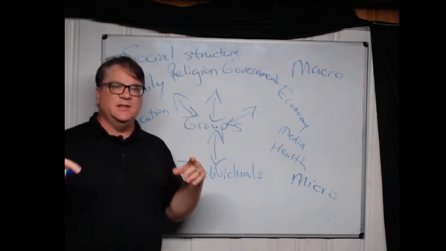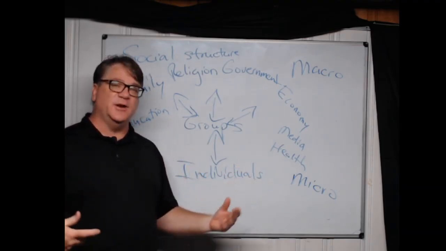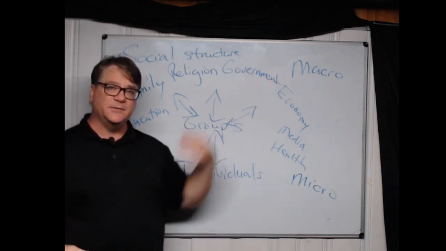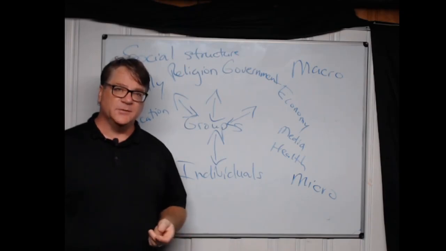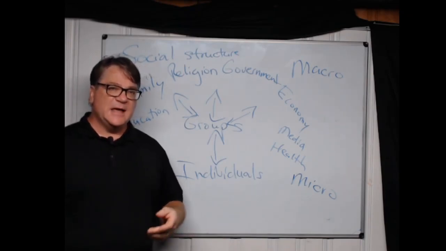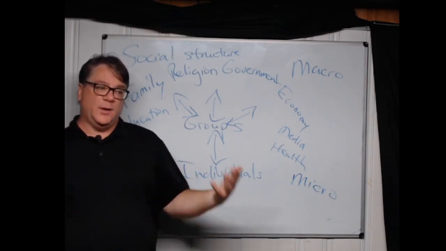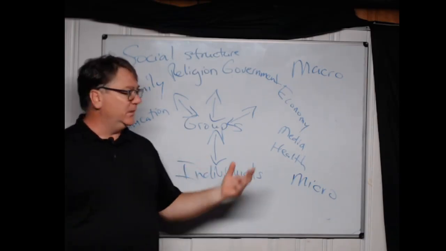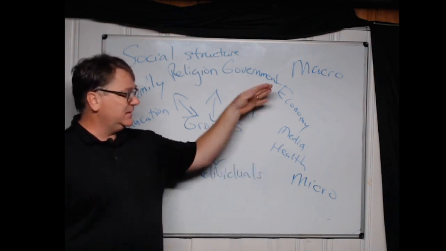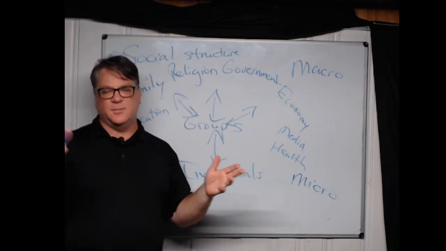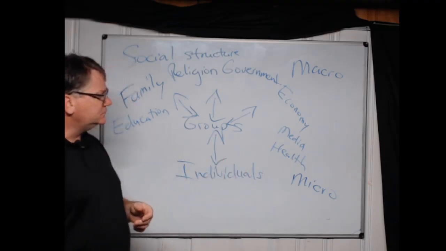Depending on the social phenomena, the individual phenomena that we're studying, it may be better to look at it from a macro perspective or from a micro perspective. Looking at the pandemic right now in terms of masks and vaccines and who will wear masks and who doesn't want to wear masks, you can really see how even that plays out in terms of micro and macro sociology. We maybe talk about that a little bit more later on.